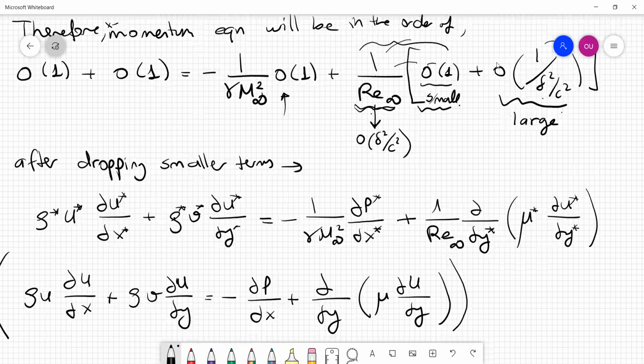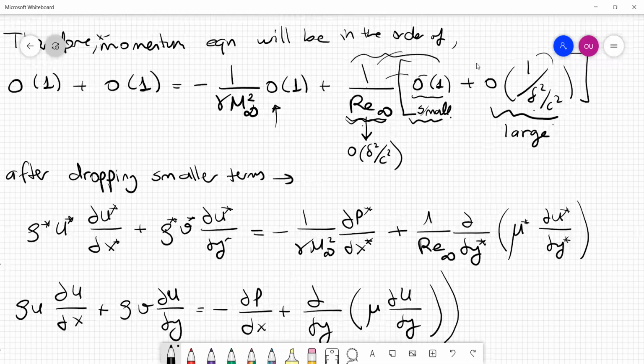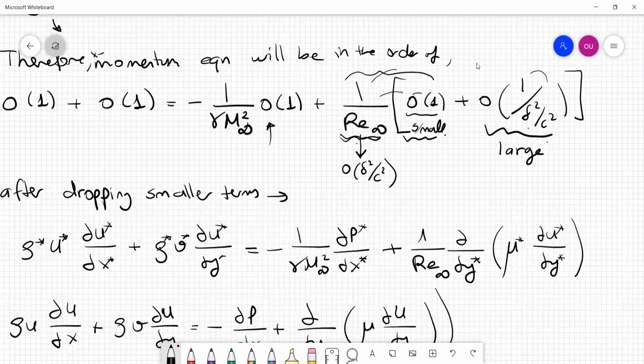Which means that, for example, for a typical aircraft wing, or helicopter blade or whatever, typical Reynolds numbers are like 2 million, 3 million, 4 million, things like that. So we are talking about a numerical number, 1 over, for example, 4 million, which is 0.25 times 10 to the minus 6. So that is indeed a small number, yes?